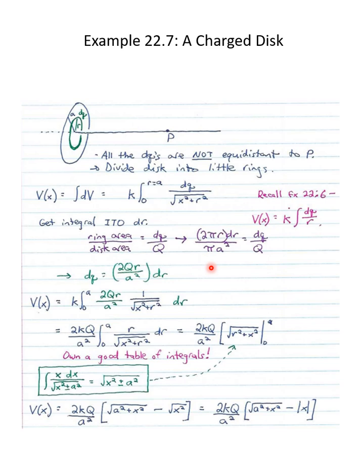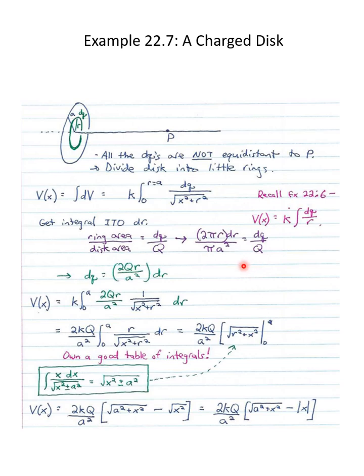And the area of it is base times height of that rectangle. So the base, or the length, is the circumference of the ring, 2 pi r, times its height, the thickness, which is dr. So the area of that ring, if we stretch it out like a rectangle, is 2 pi r dr, divided by the disk area, the entire disk, and that's pi a squared. And that equals dq over the big charge q.